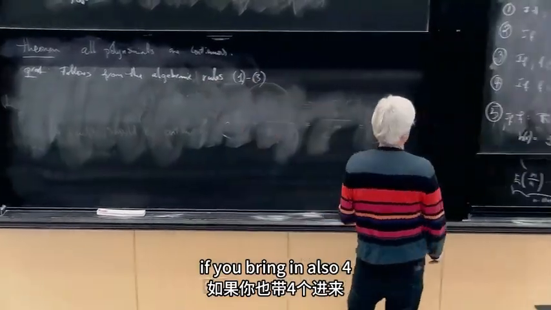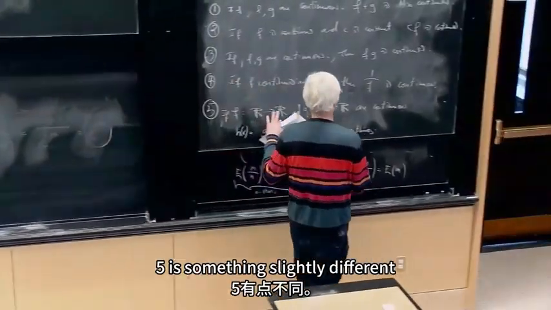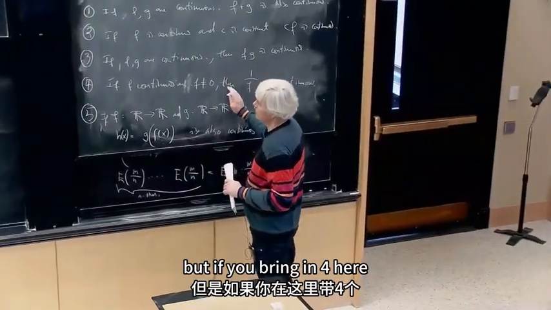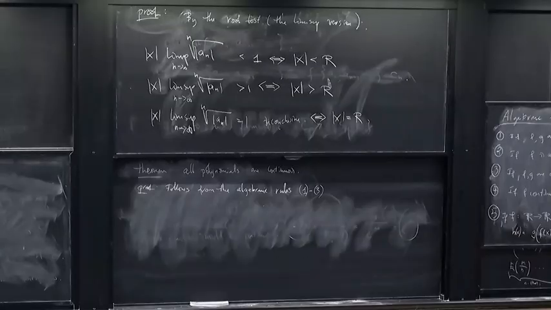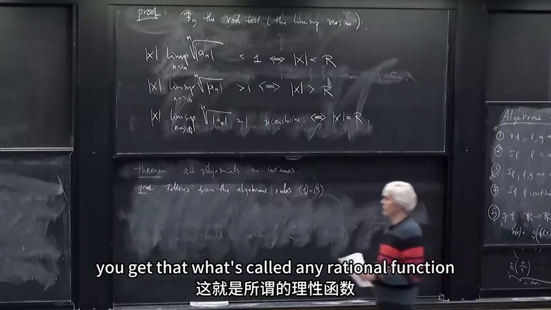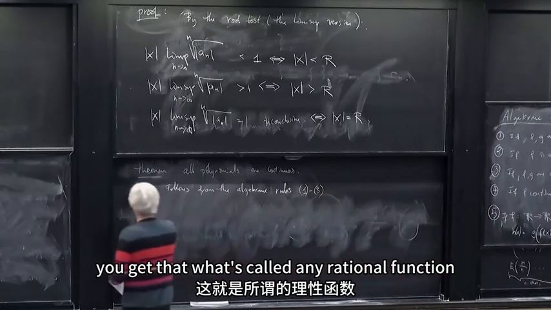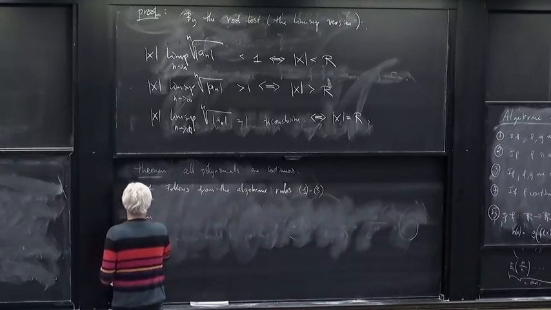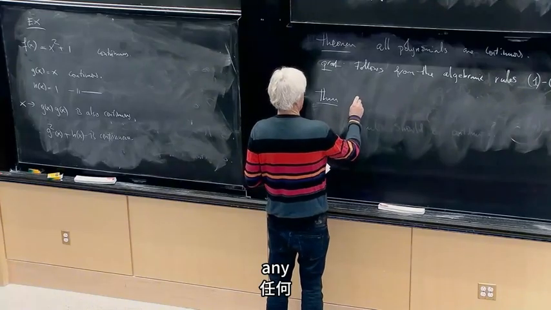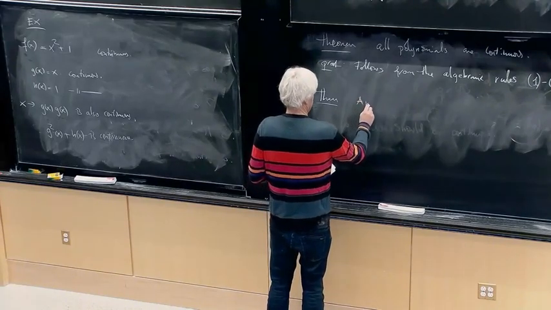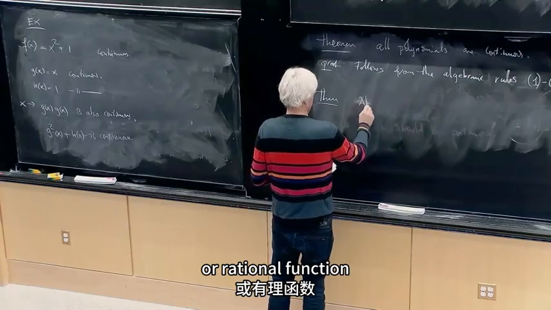If you bring in also rule 4, rule 5 is something slightly different, but if you bring in 4 here, then you get what's called any rational function. All rational functions are continuous.